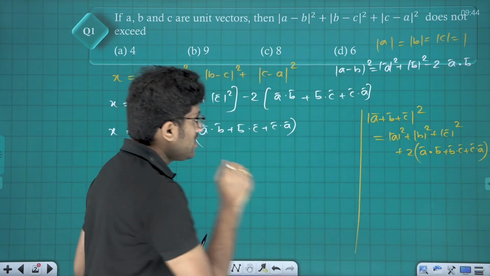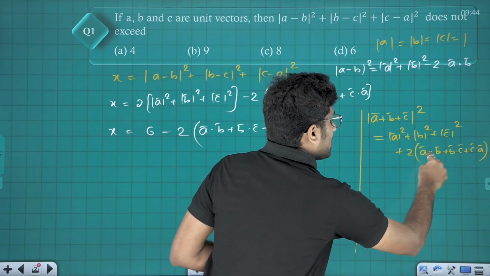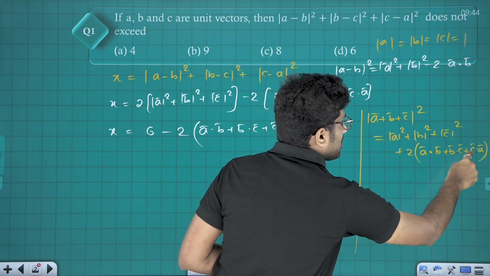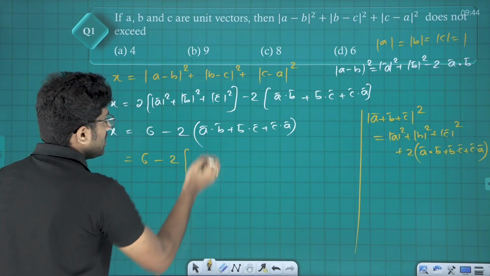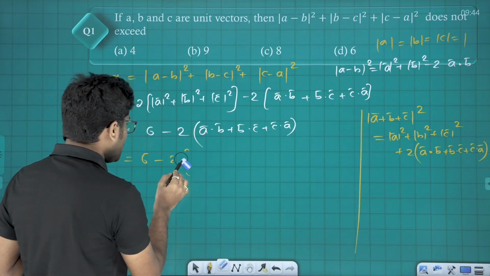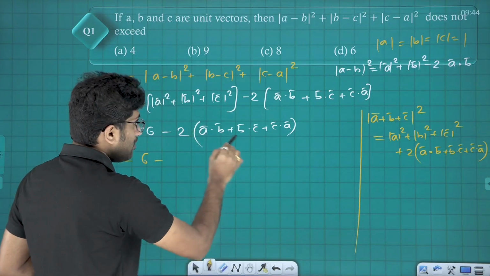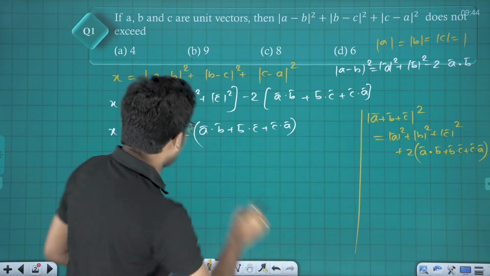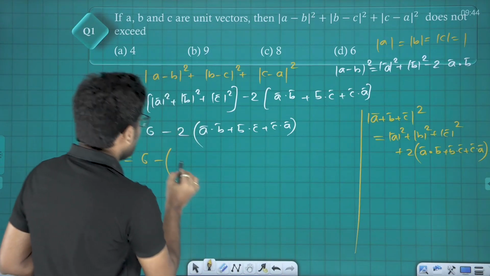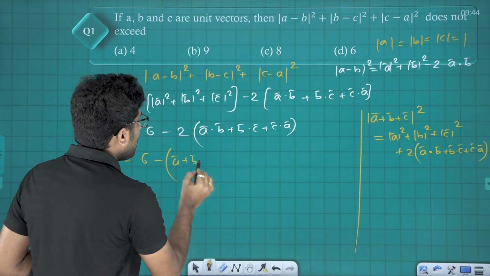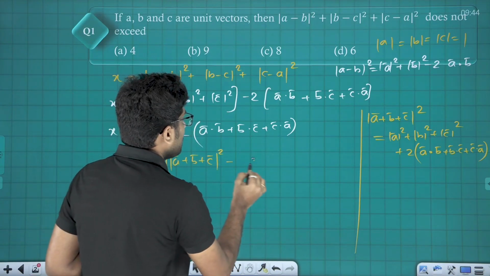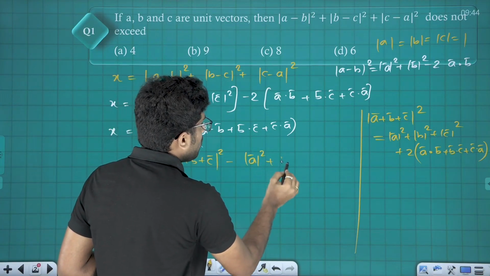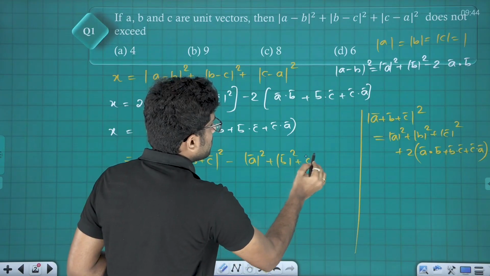So from here, 2 times a bar dot b bar plus b bar dot c bar plus c bar dot a bar will be mod of a bar plus b bar plus c bar whole square minus mod a square plus mod b square plus mod c square.